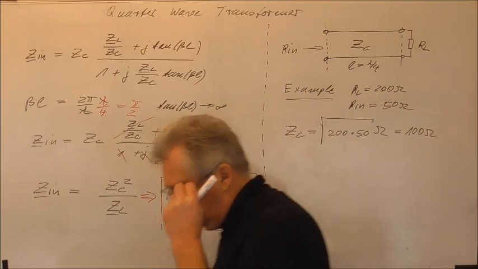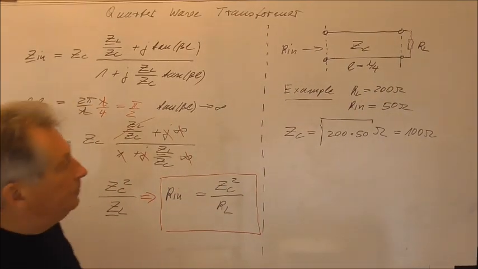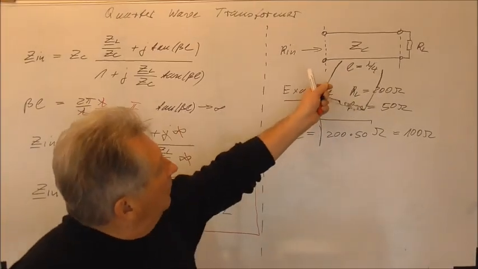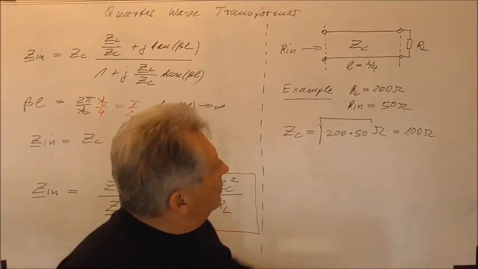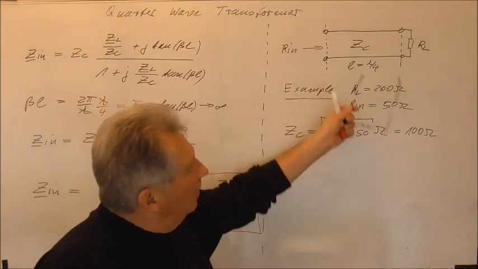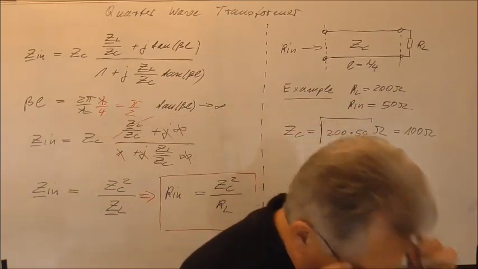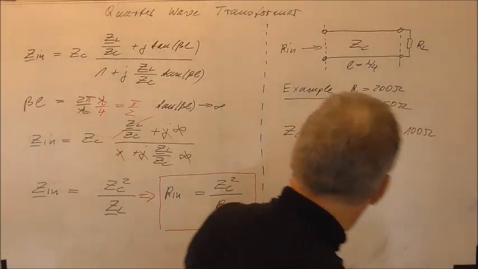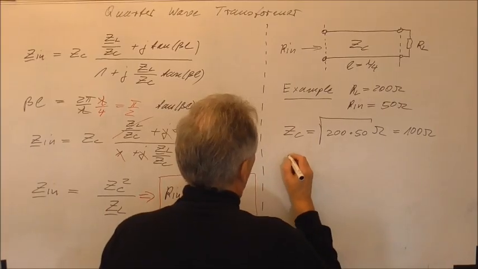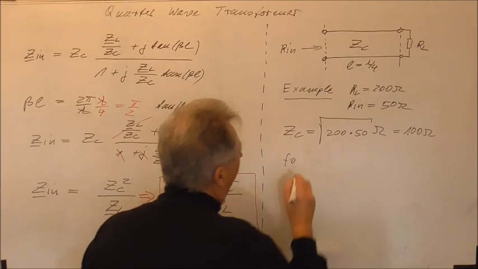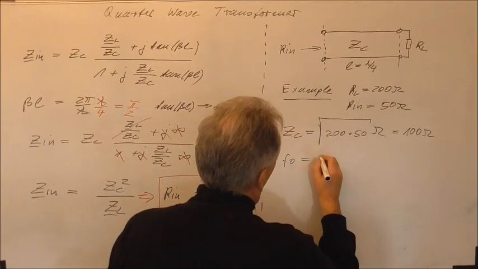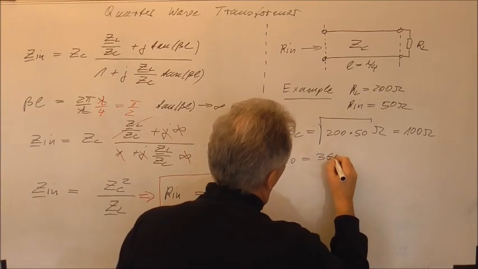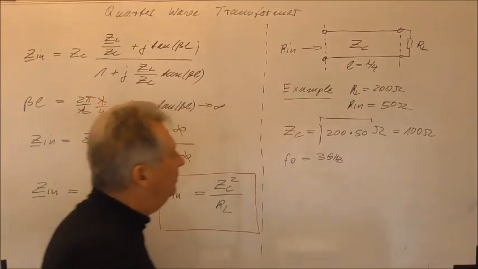So what we need to use is a transmission line which has a characteristic impedance of 100 ohm, and if we now assume a certain wavelength, for example, we think of an air-filled transmission line, and we think of the frequency to be 3 gigahertz.